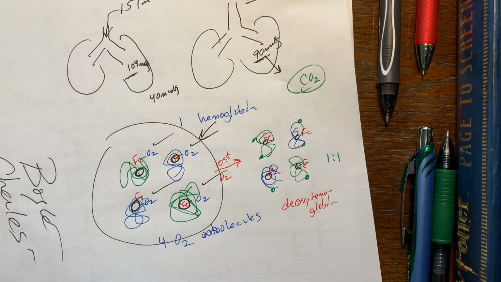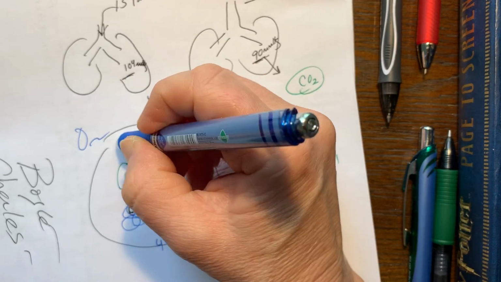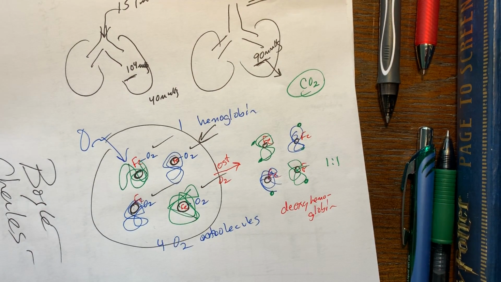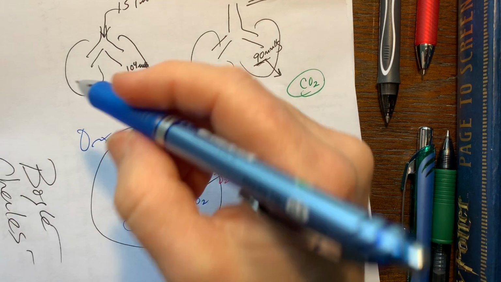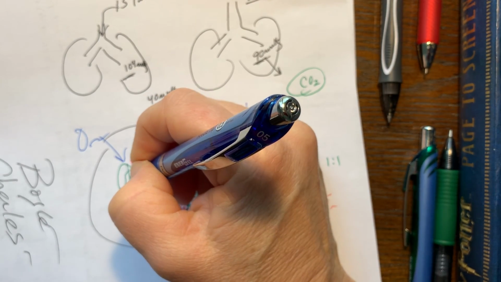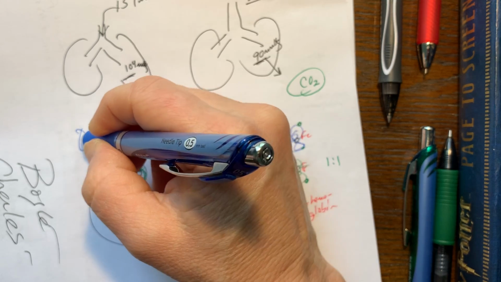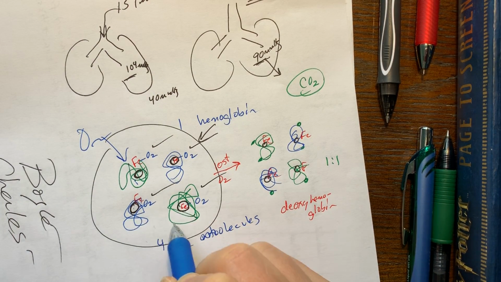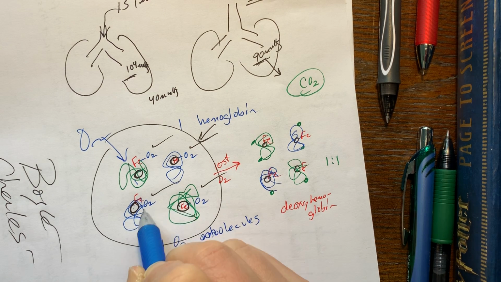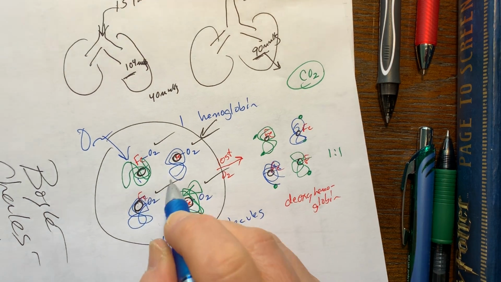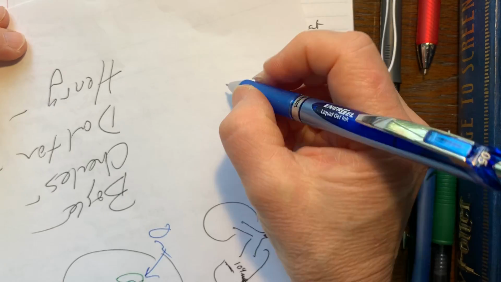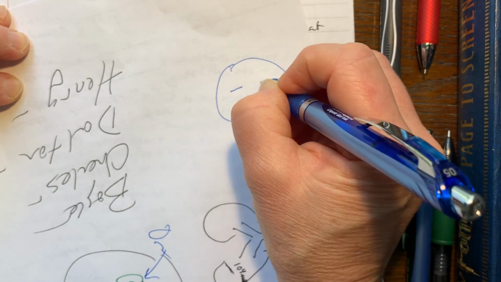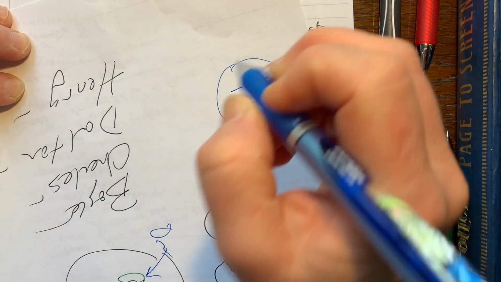Now, when the first oxygen molecule comes along to bind into these spots, it's really hard for it to hook on. But when it hooks on, that causes a slight change in the other 3 globular proteins, so that the other 3 can go on. Here is a hemoglobin with 4 spots for oxygen.